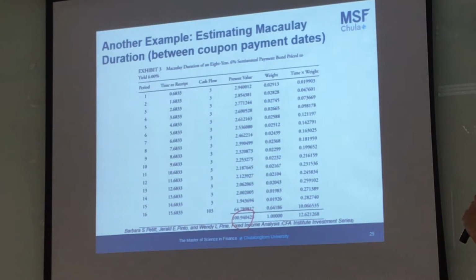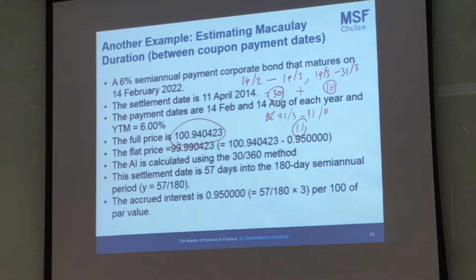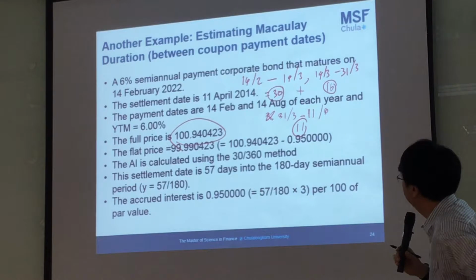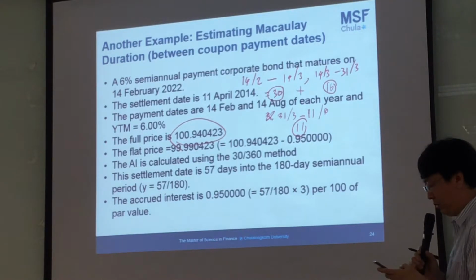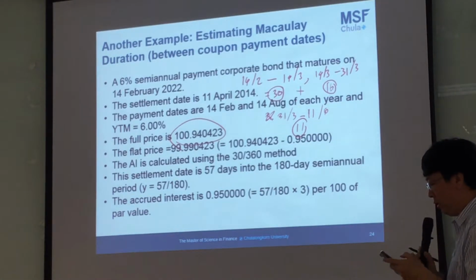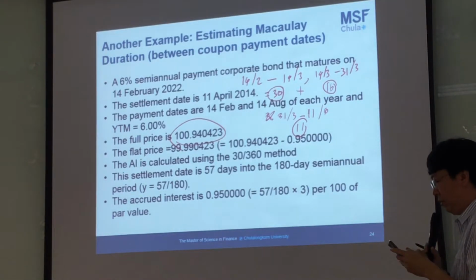Time to receive, you can see that it's not equal to the period, because time to receive is equal to 1 minus Y. And Y is 57 over 180, which is 0.316.